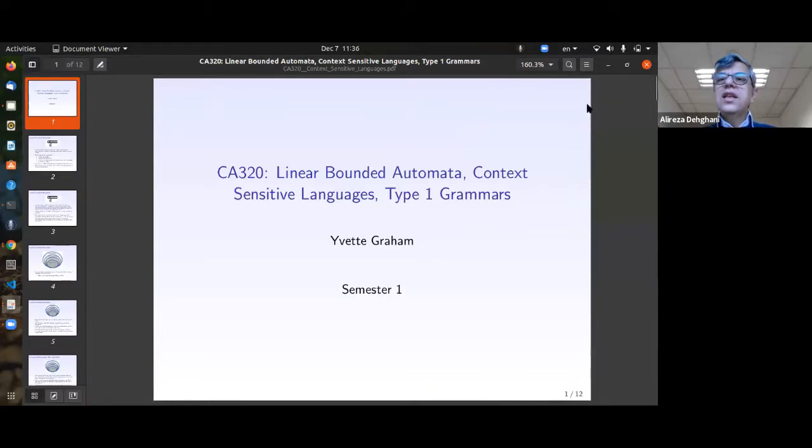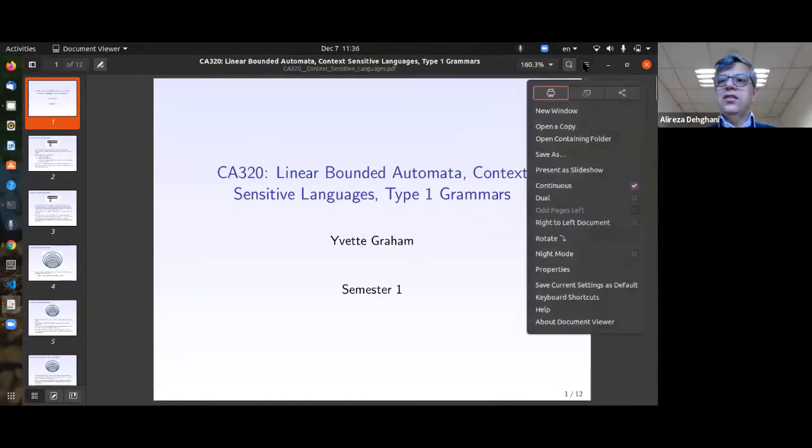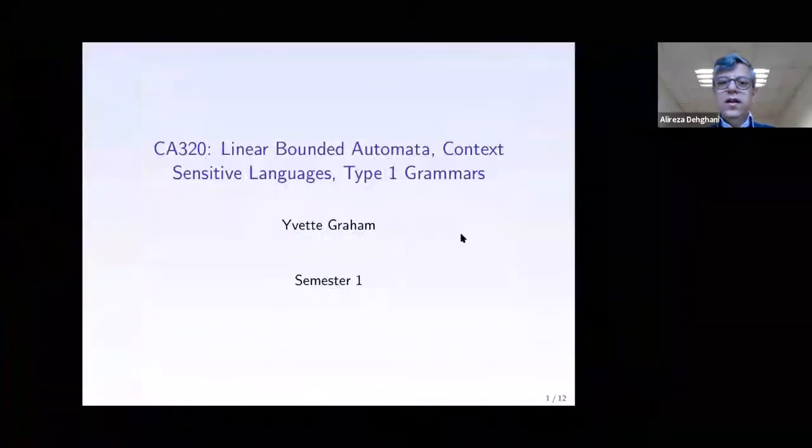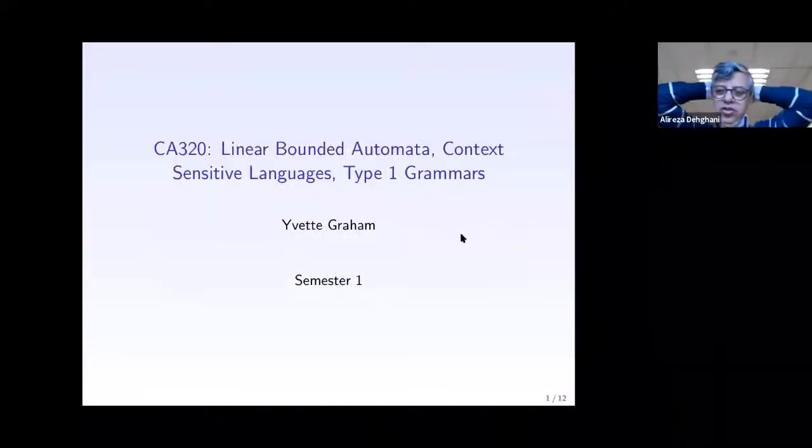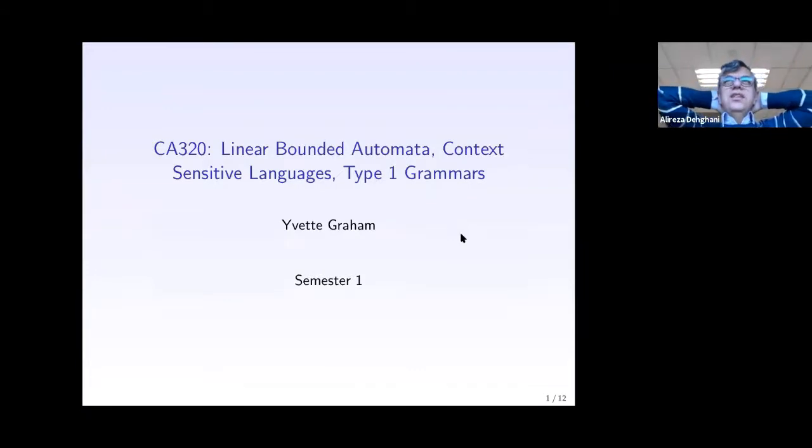Okay, so the final topic we want to discuss in this course, in this module. If you remember the Chomsky hierarchy, we had four different circles inside each other. The smallest one, the inner one, was the grammar type 3, which was the regular grammar, regular languages, and the machine was the finite state automata, deterministic and non-deterministic.